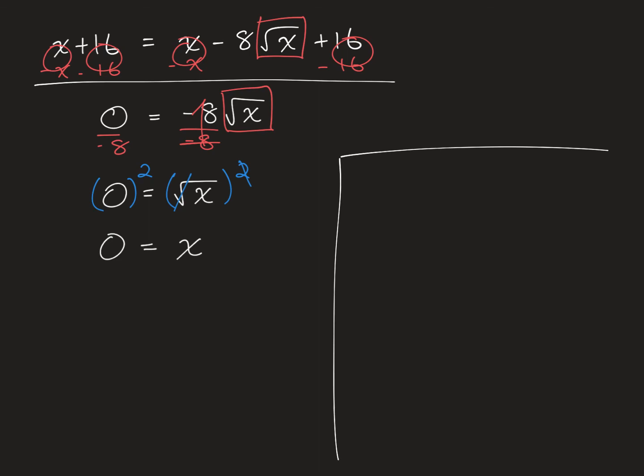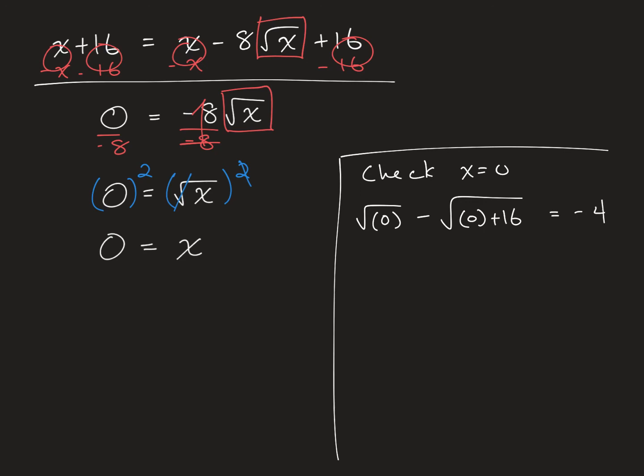From there, we have to check, so I will check the solution x equals 0. Back in the original equation, we had the square root of x, which is now going to be 0, minus the square root of x, which will be 0, plus 16, equals negative 4.